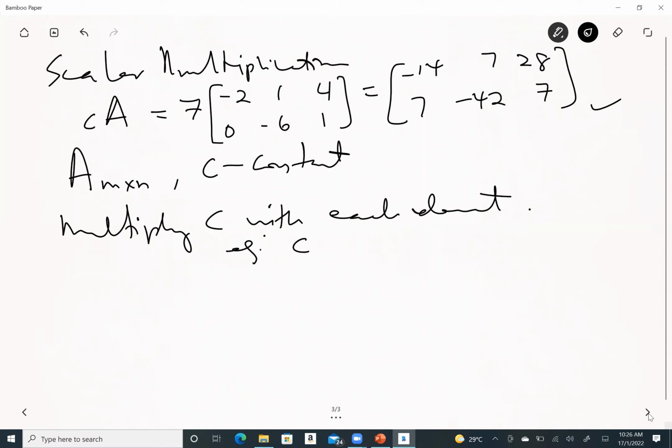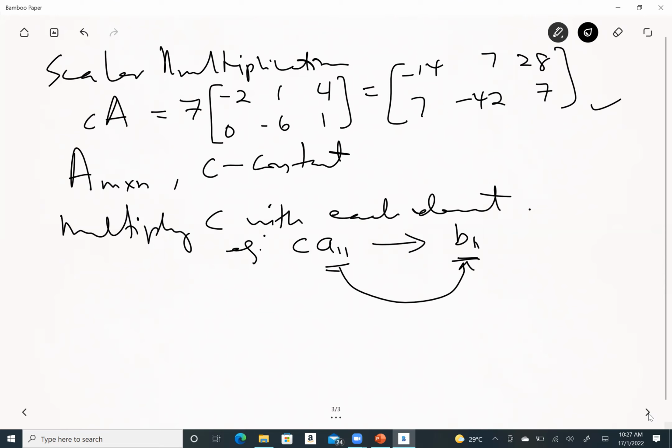Example, C times A11 will become B11. So the resulting element of the matrix comes from the corresponding element of the original matrix. The constant just follows the element of that matrix.